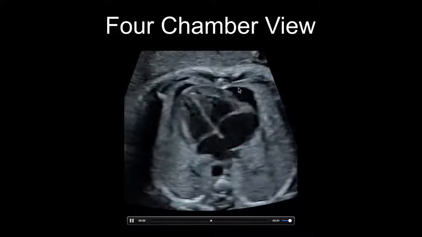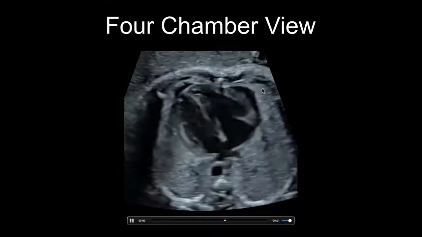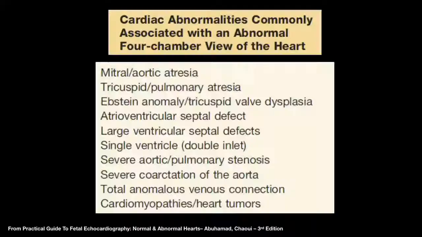Typically, the pericardial fluid is surrounding the heart, so you see it on both sides, whereas pleural fluid tends to be on the outside. So in looking at the 4-chamber view, remember to go systematically in assessing the size of the heart, going down from situs, size of the heart, axis, location in the chest, into the atria, ventricles, rhythm, fluid, and so forth.